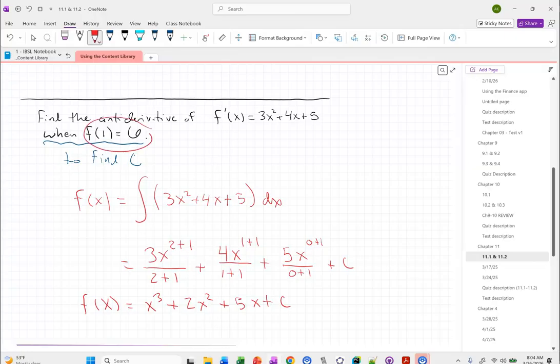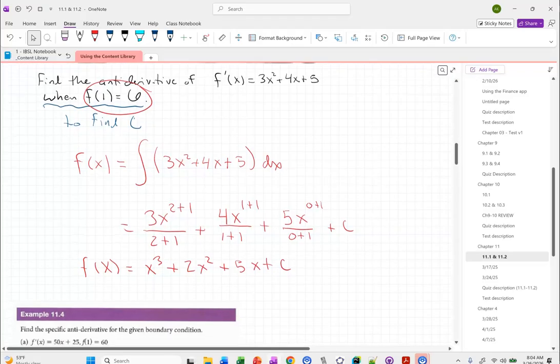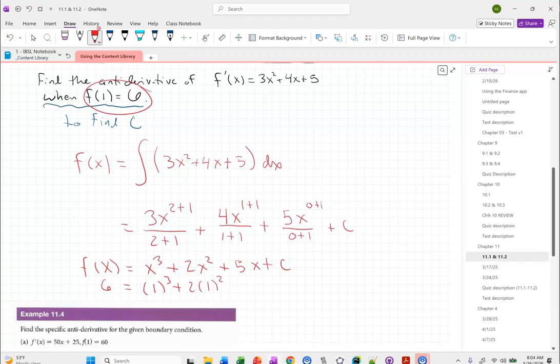Now, if I know that f of 1 is equal to 6, I know 6 is equal to 1 cubed plus 2 times 1 squared plus 5 times 1 plus c. So when I subtract the stuff over to solve for c, I get c equals -1. And that gives me then my final answer.